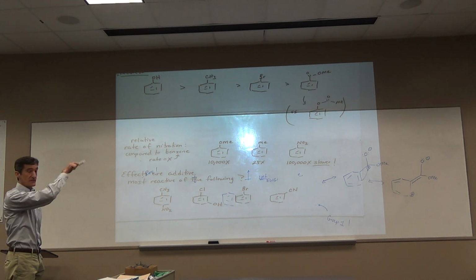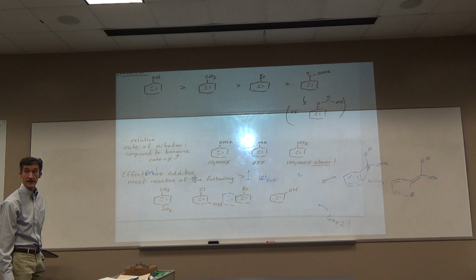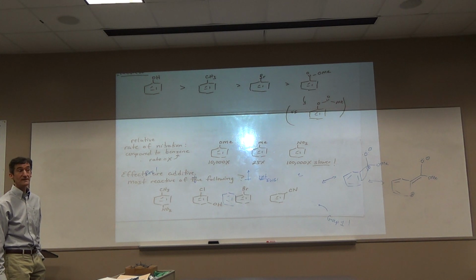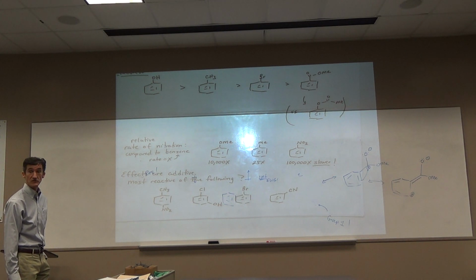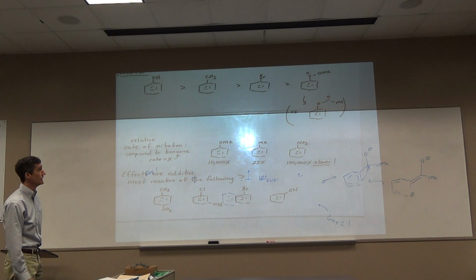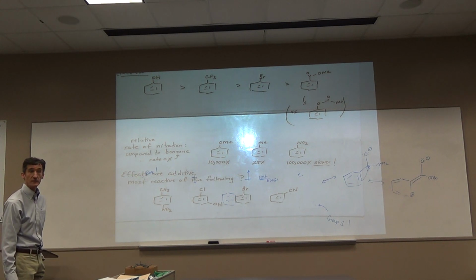That's because the methoxy group is a group 1 strong activator. Toluene, the methyl group, is an activator, but it's a mild, weak activator, because induction is a weaker effect. It reacts 25 times faster than benzene.